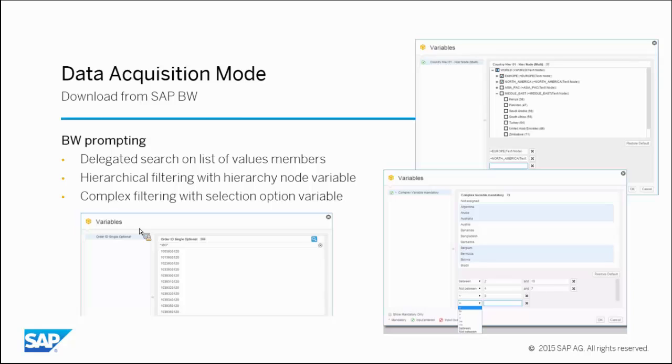Along with the simple filters like single value and multiple values, we do also support selection option variables, which is quite complex in nature, and you can have multiple scenarios of providing the value for the prompts. So in summary, all the different types of variables and processing types are supported within Lumira.